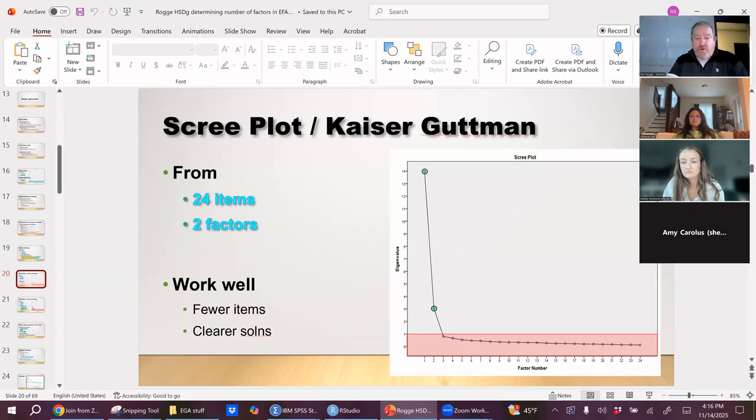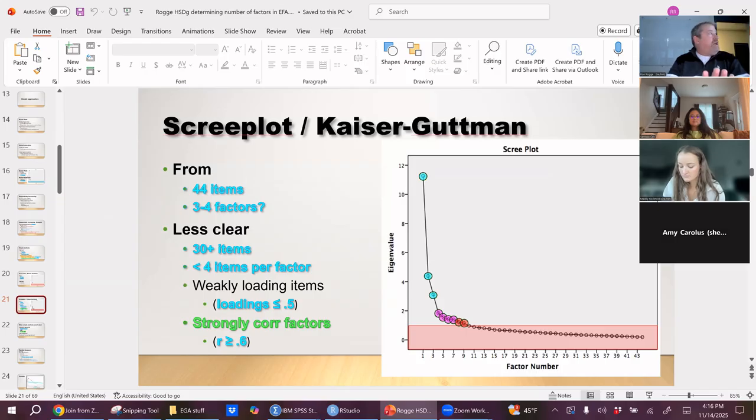So I already showed you this, on these 24 items, this worked really well. This 24 items of a 2-factor scale worked really well. But you go to a 44 item scale, and this is what usually happens to your scree plot. The more items you have, the more gradual and curved that transition from scree to not scree becomes.